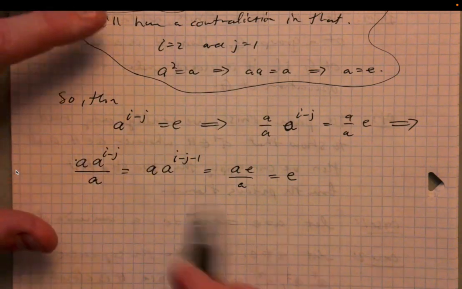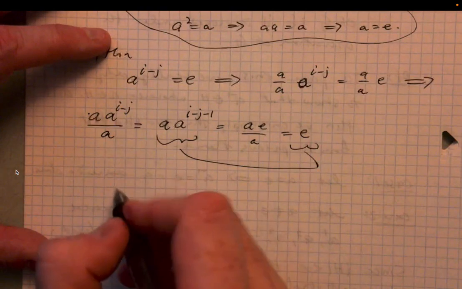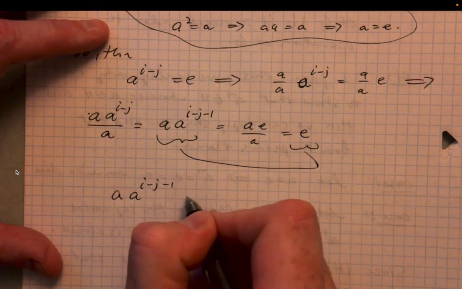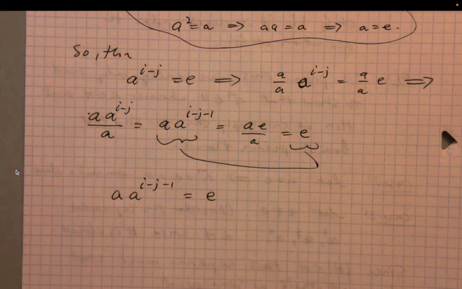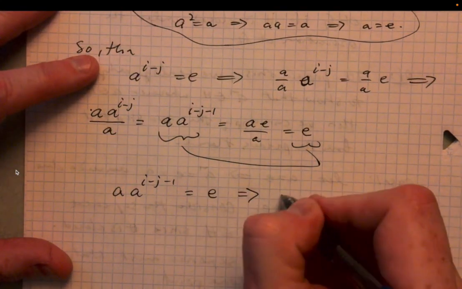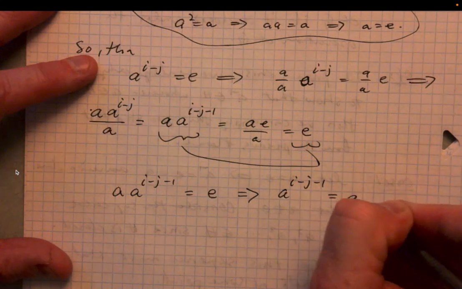All right, so the key here are these two. What we're saying here is that a times this other guy, a to the i minus j minus 1, is equal to e. And what that implies is that a to the i minus j minus 1 is equal to a inverse.